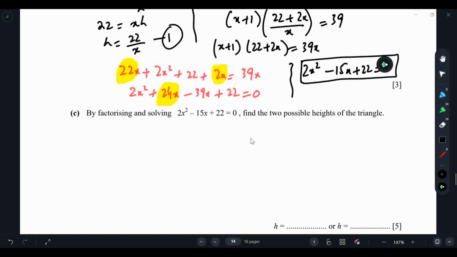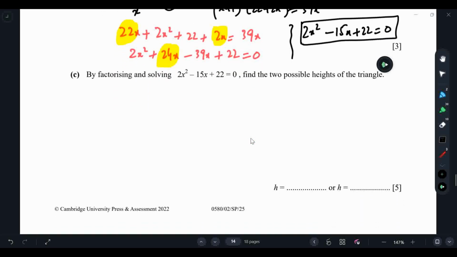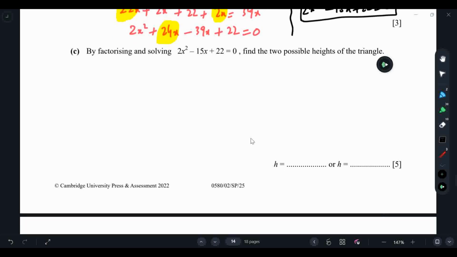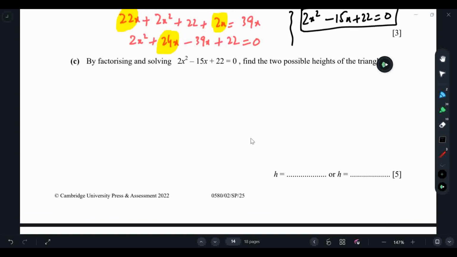Now by factorization, and by factorizing, solving this, find the two possible values of the height of the triangle. Now here we can see, first of all, we need to find out the value of h. So what we have to do, we have to do a little rough work over here. So this will be 2x square multiplied by 22 is equal to 44x square.